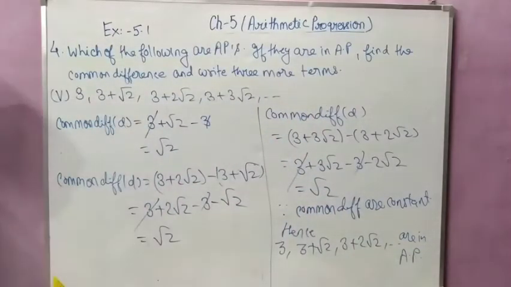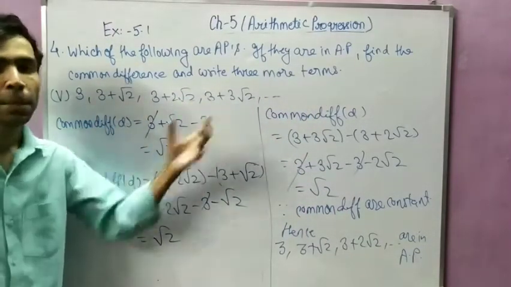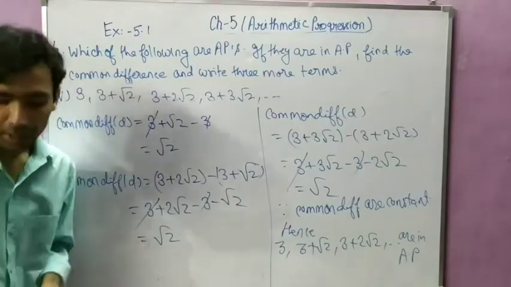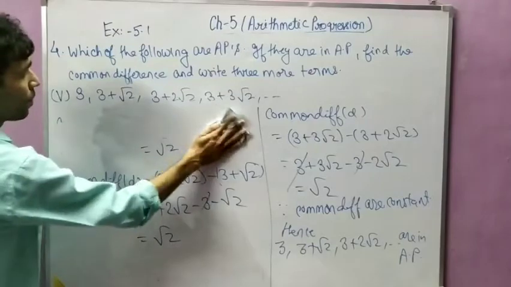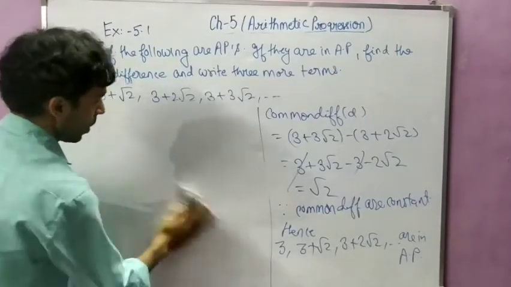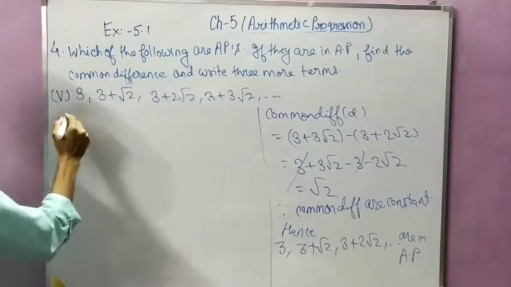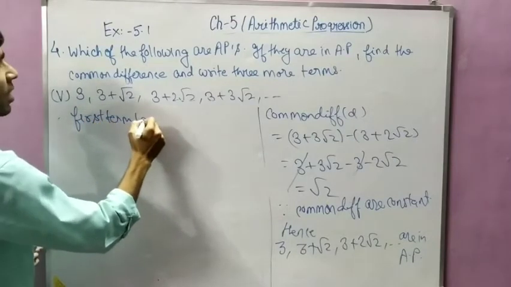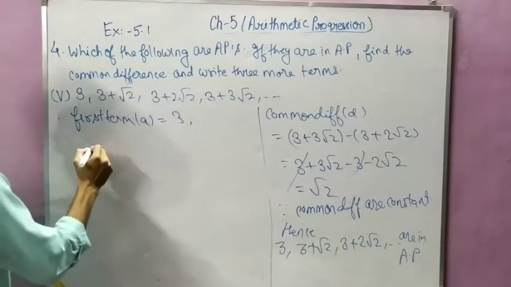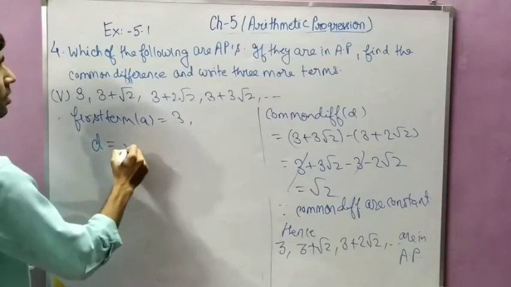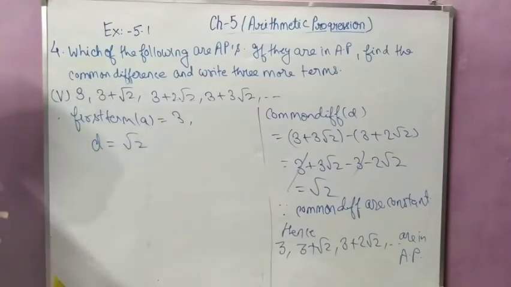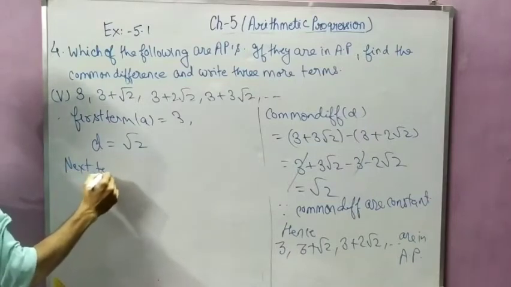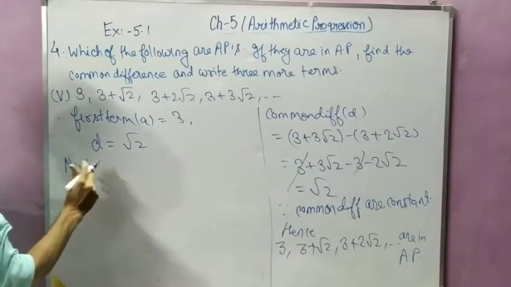Okay, they are in AP. So the first term is A, that is 3, and the common difference is root 2. So A equals 3, and D, the common difference, is root 2. Now we have to find the next 3 terms.